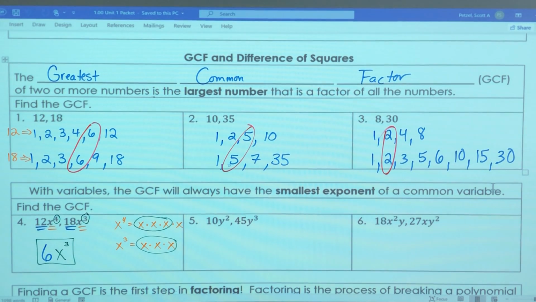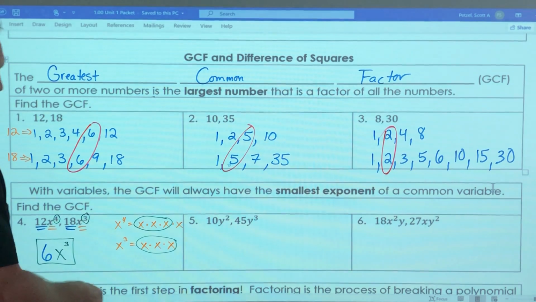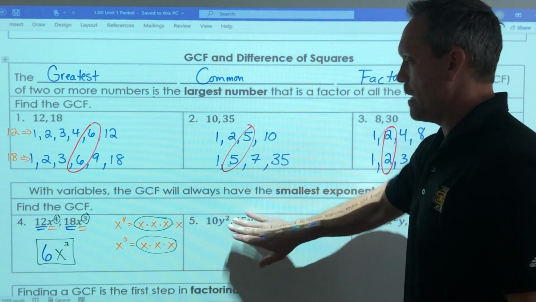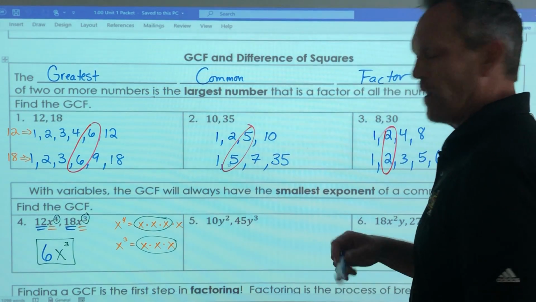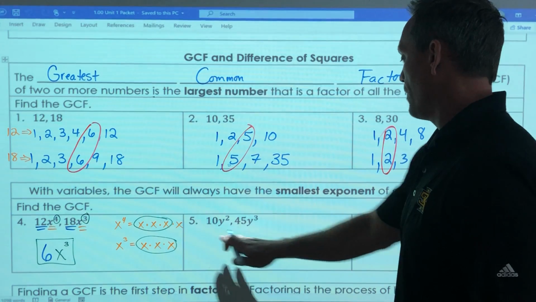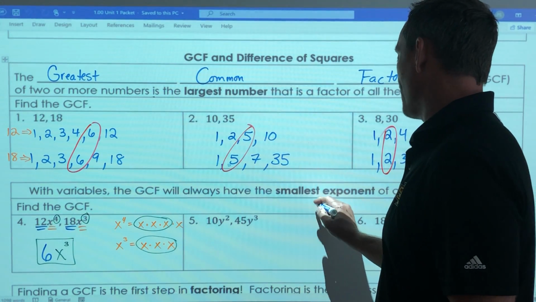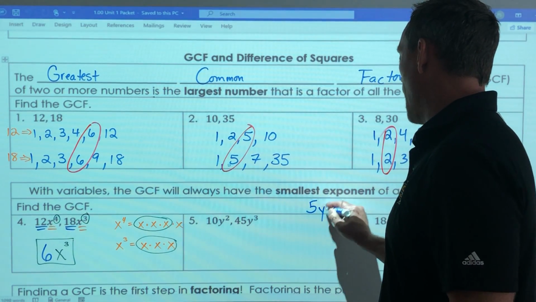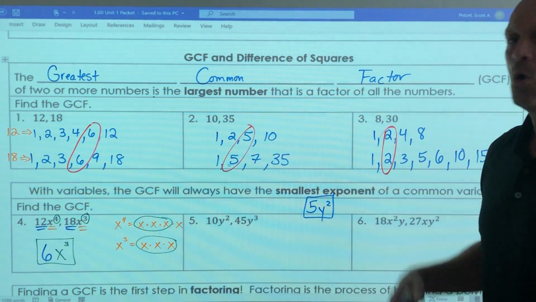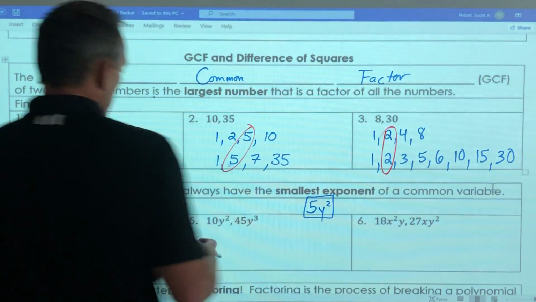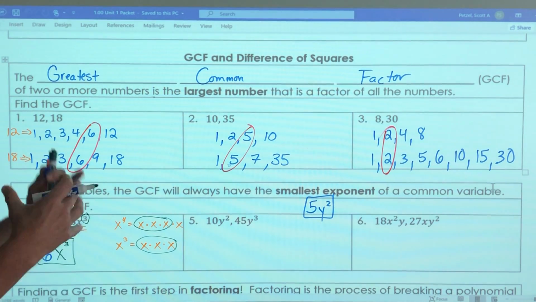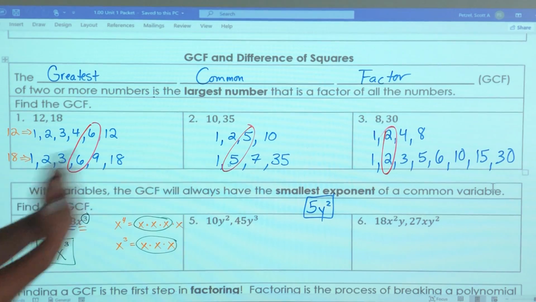To show you in a way that it would be totally pulled apart, we're going to do it a little bit differently here. I'm going to go ahead and just tell you that the GCF for this is 5y squared. Why is it the GCF? Because what it's saying is, what could I do to get this out?